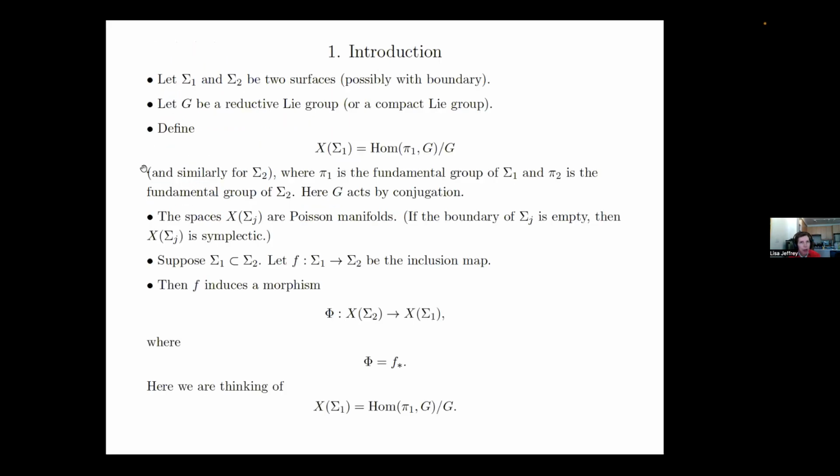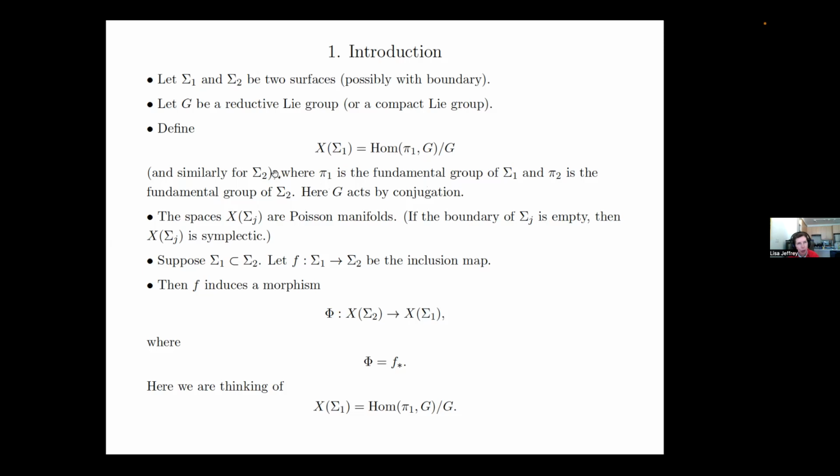So if you have two surfaces, possibly surfaces with boundary, let G be a reductive Lie group, or it could be a compact Lie group. And I will let X of sigma be the representations of the fundamental group of sigma into the group G up to conjugation.